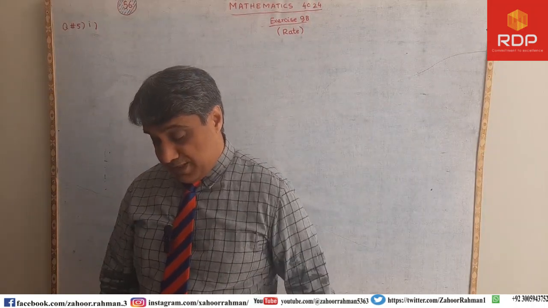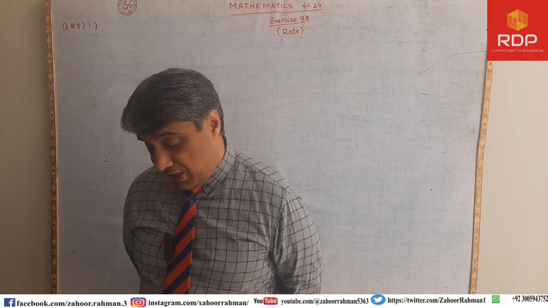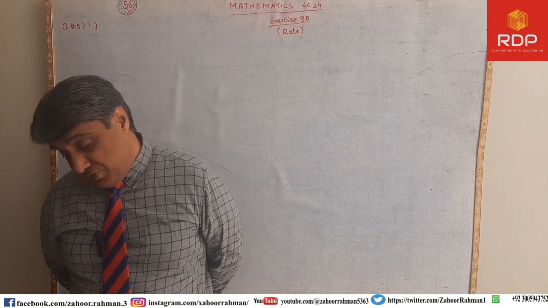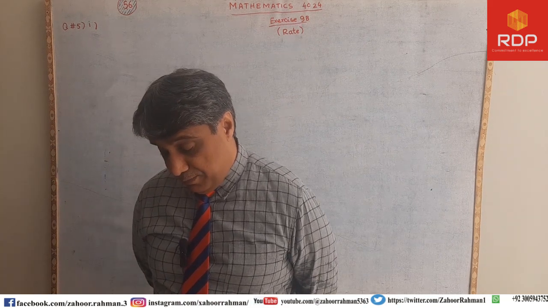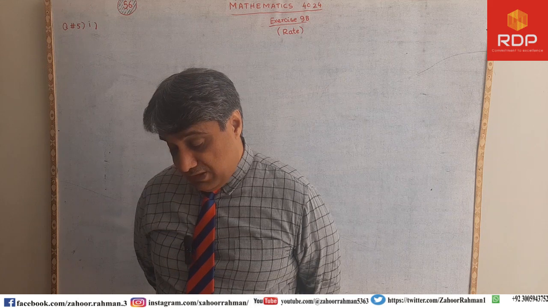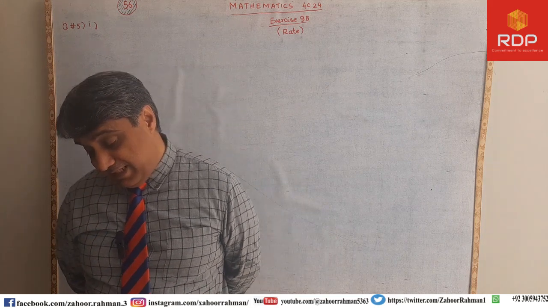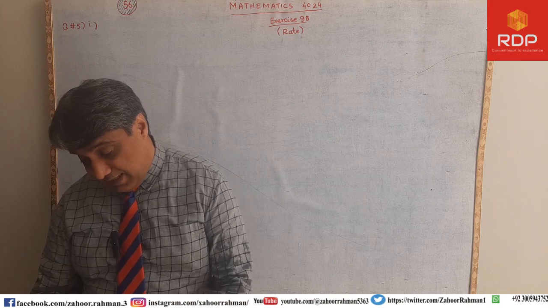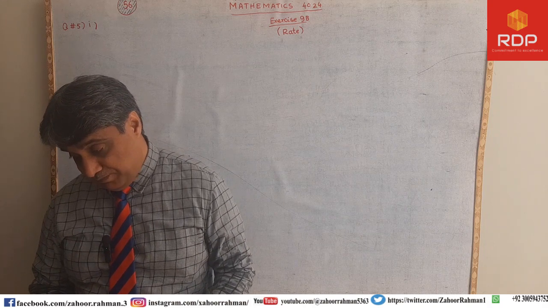Question number 5 is saying a car requires 22 liters of petrol to travel a distance of 259.6 kilometers. Find number 1, the distance that the car can travel on 63 liters of petrol.